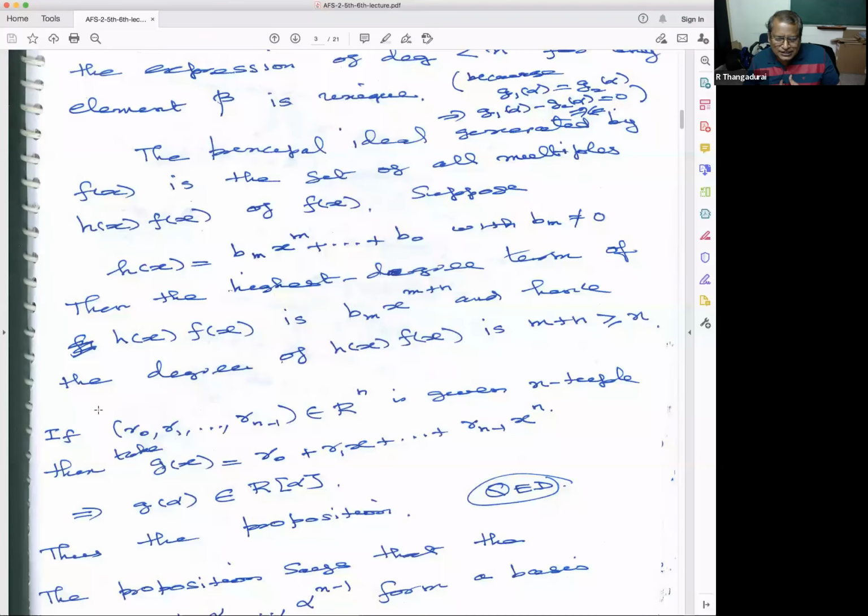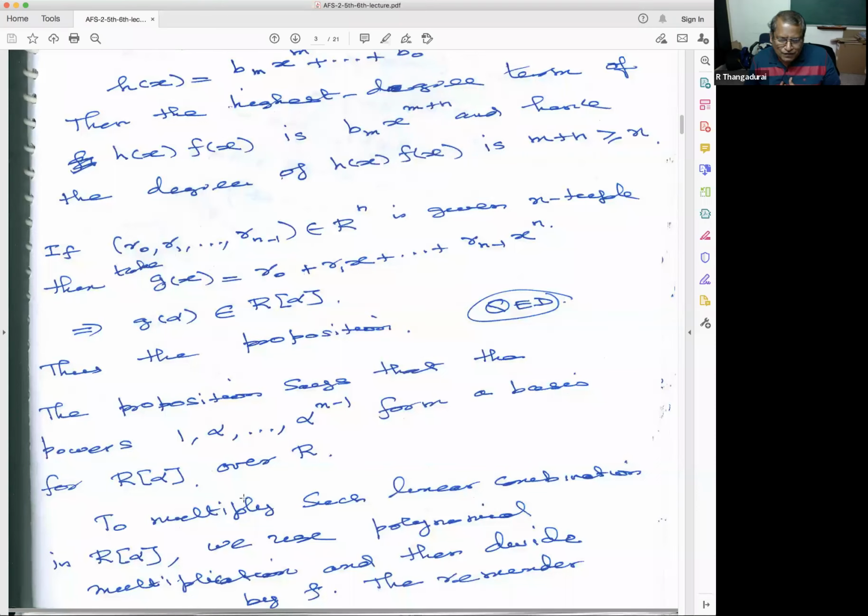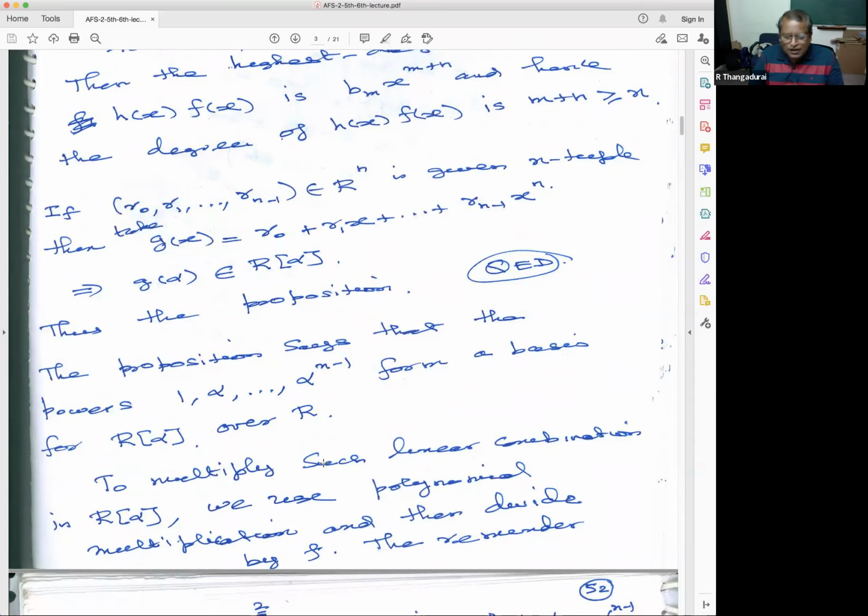This proposition says that the powers 1 to alpha power n minus 1 form a basis of R of alpha over R. Every element of R of alpha can be uniquely expressed as a linear combination of these. That's what the above proposition proves.